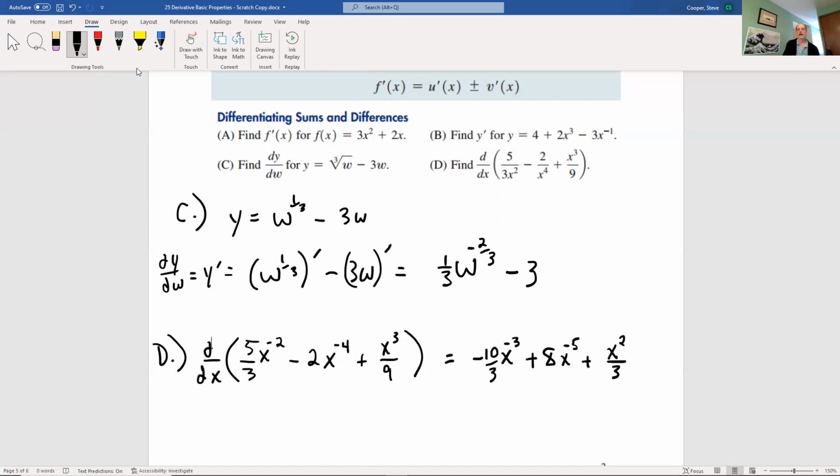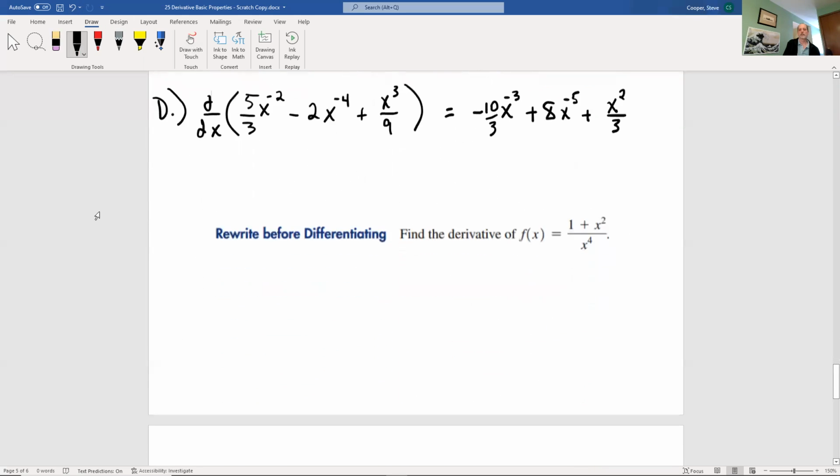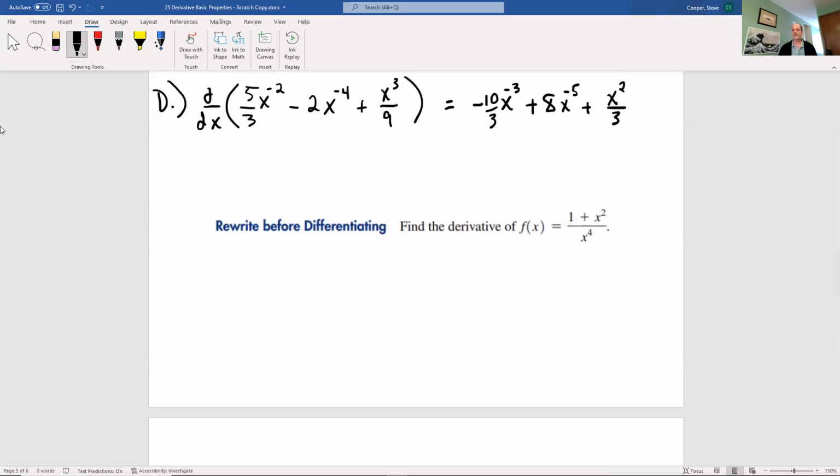Okay, so that's D. Another little tool to learn here is if we've even got enough knowledge to do something like this, even though it looks different than anything we've seen, remember that if you've got a single denominator, you can split and kind of unsimplify it. So if we write f of x and make it 1 over its denominator of x to the 4th plus x squared over its denominator of x to the 4th, then we can think of it as x to the -4 for this one.